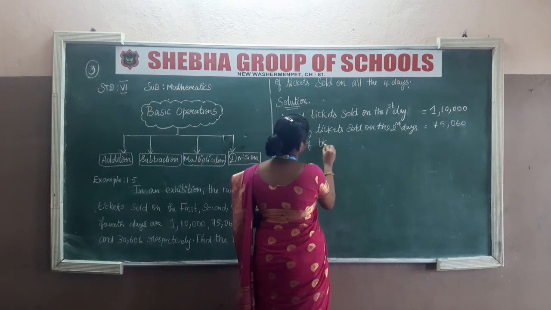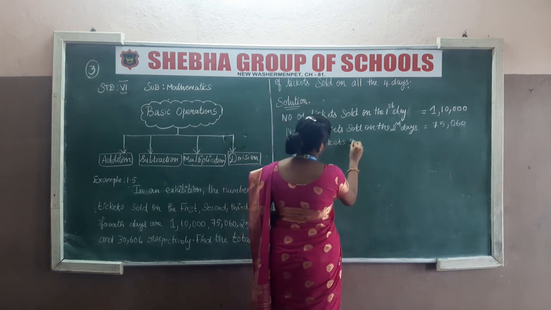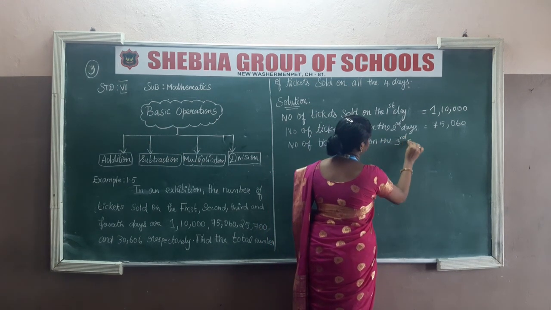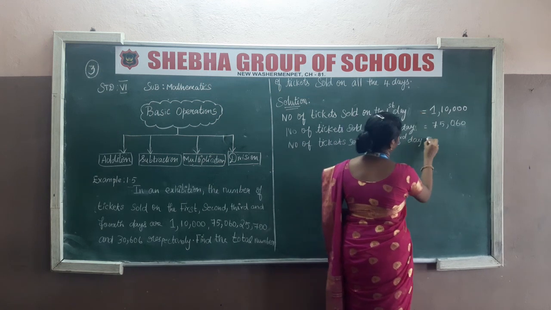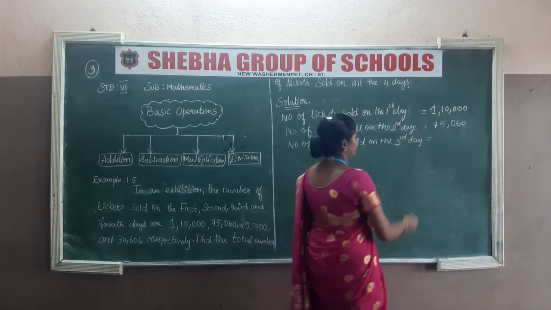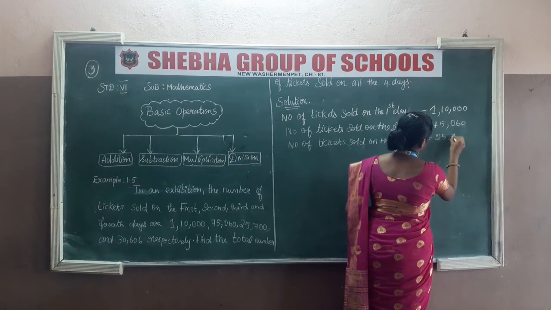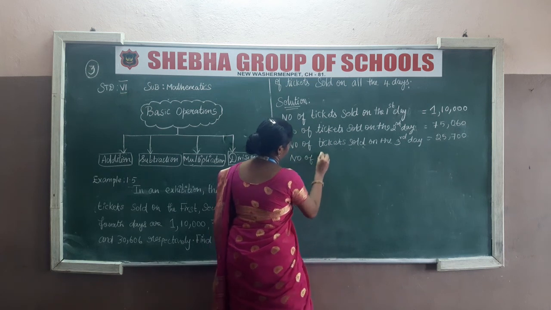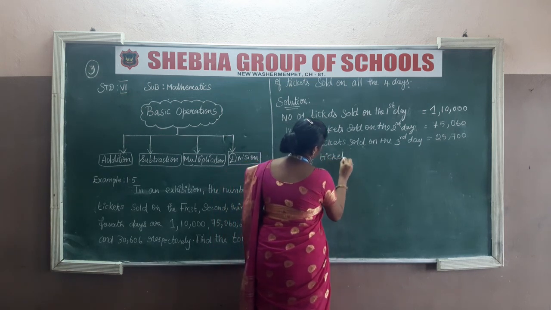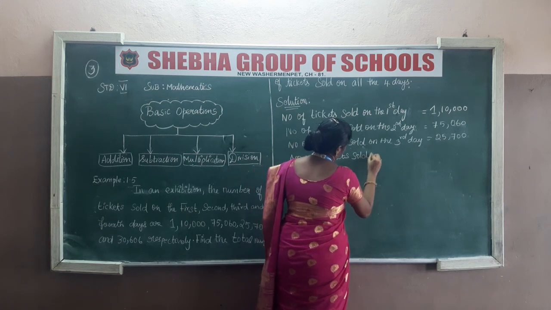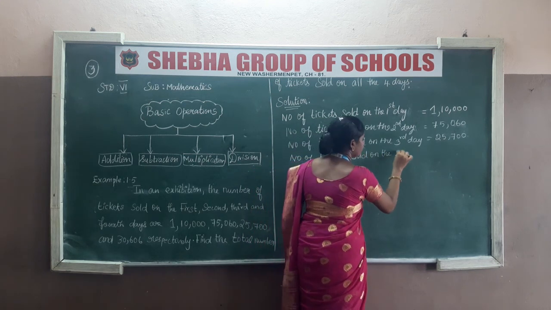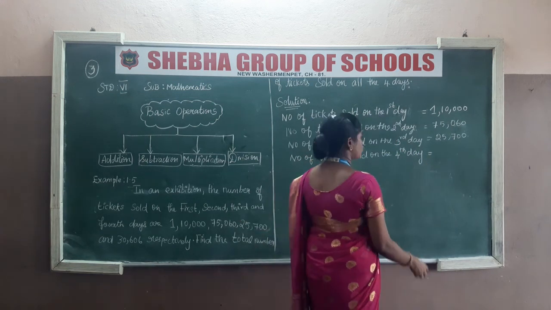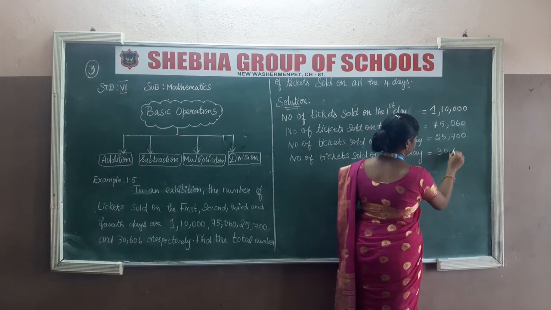Next, number of tickets sold on the third day is equal to 25,700. Fourth day, 30,606.